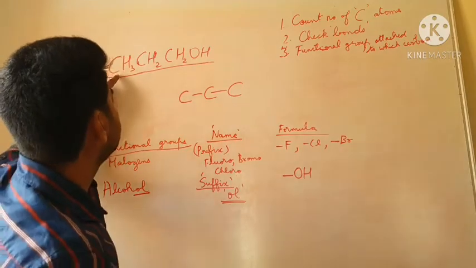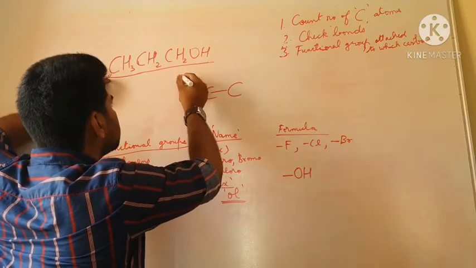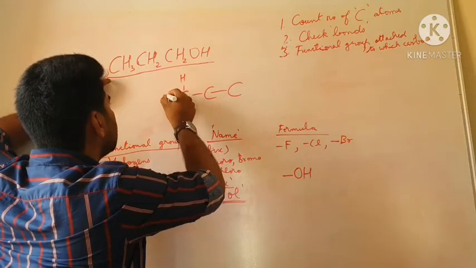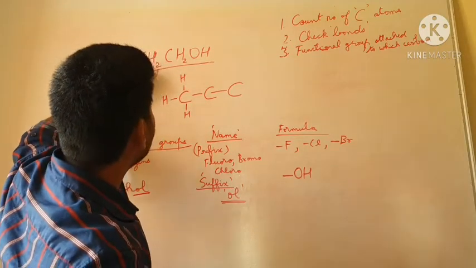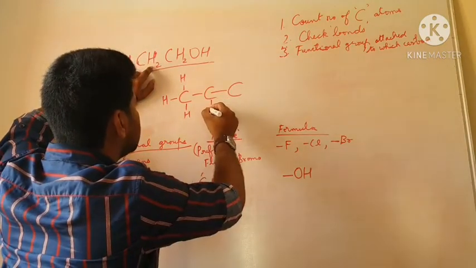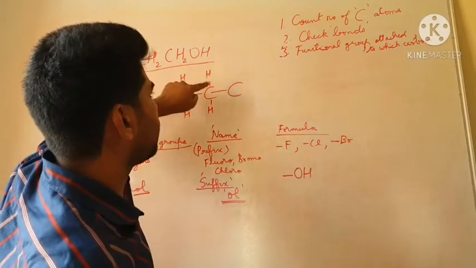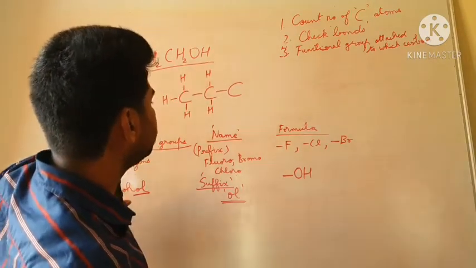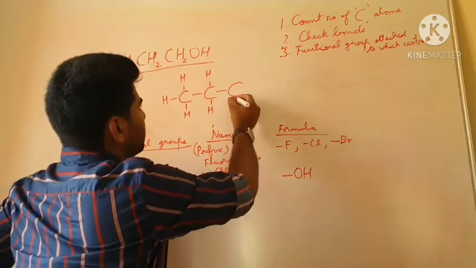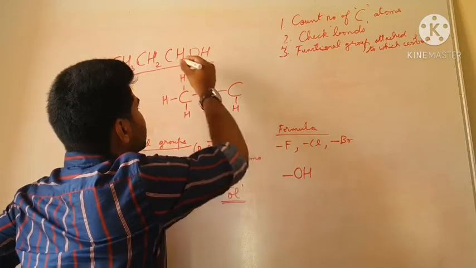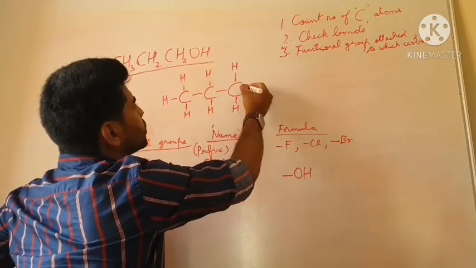And the first carbon, let us say, is attached to 3 hydrogens. The second carbon is attached to 2 hydrogens because it can attach only to 2 hydrogens, so the valencies of carbon are satisfied. And finally, the last carbon is attached to 2 hydrogens, CH2, and there is an OH group.